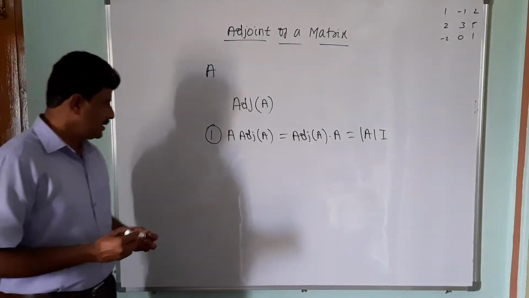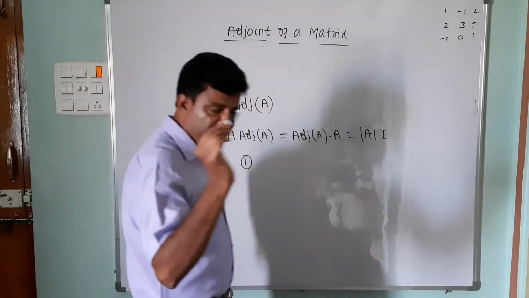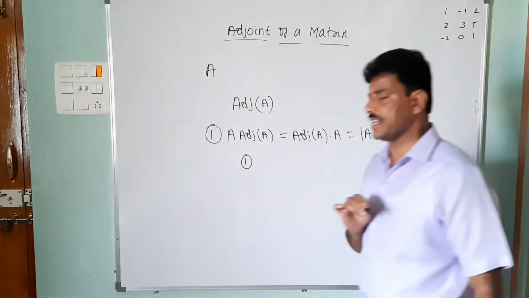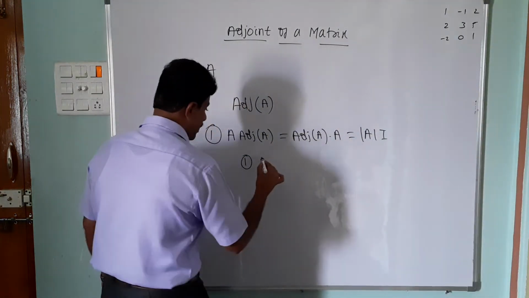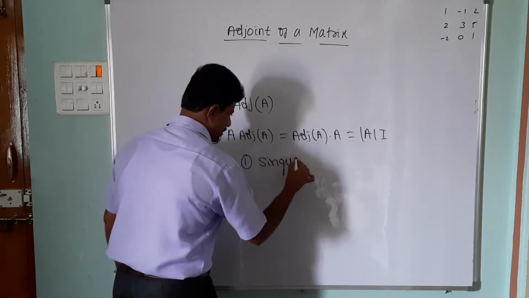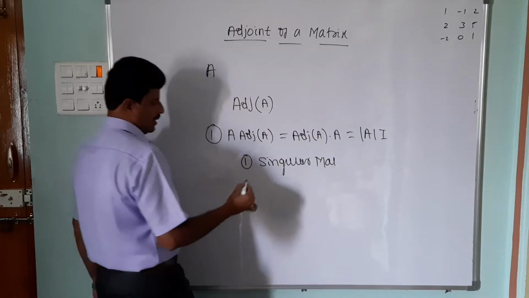Next, related to the adjoint of a matrix, there are two very important definitions. First, singular matrix.